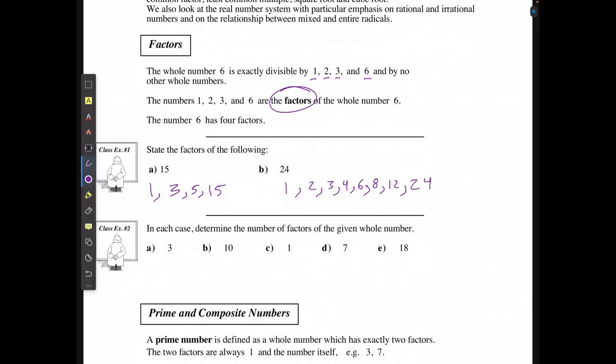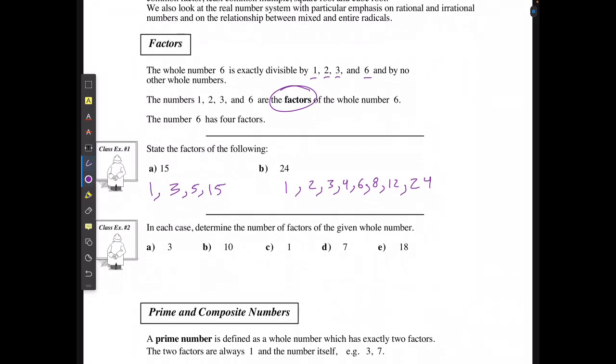If I'm determining the number of factors of any given number, if I was looking at 15, I can see I have 1, 2, 3, 4 different numbers. If I was looking at 24, I actually have 1, 2, 3, 4, 5, 6, 7, 8 different whole numbers I can divide it by. So when I'm looking at 3, 3 is only divisible by 1 and 3, so I have 2 possibilities.